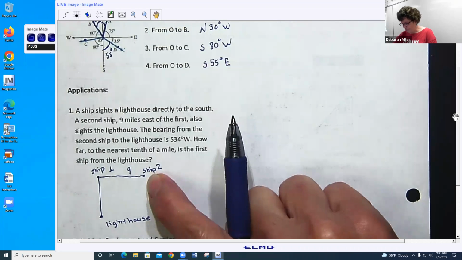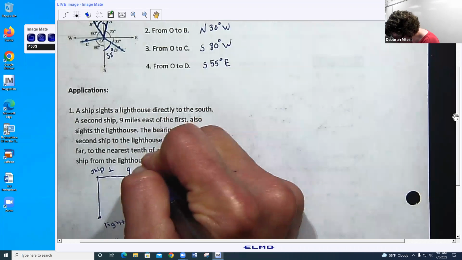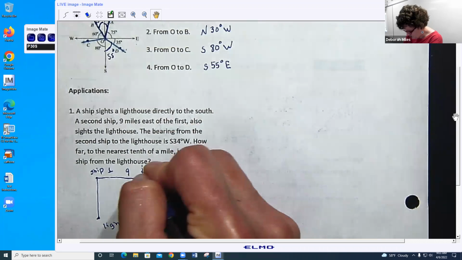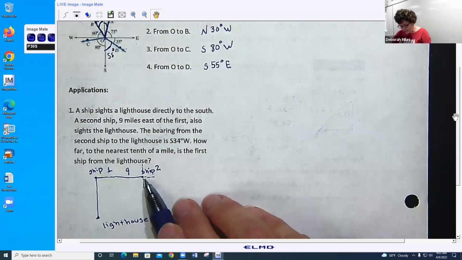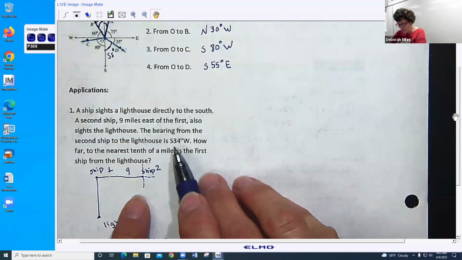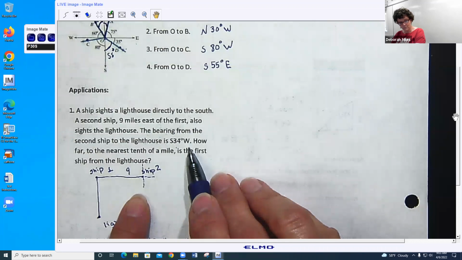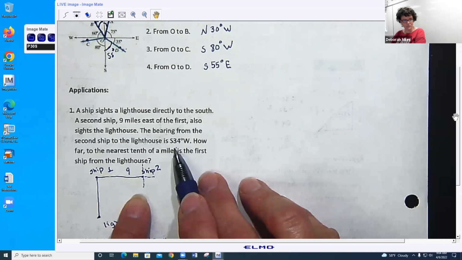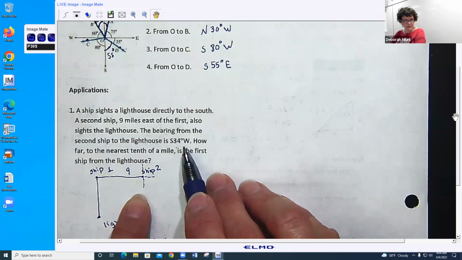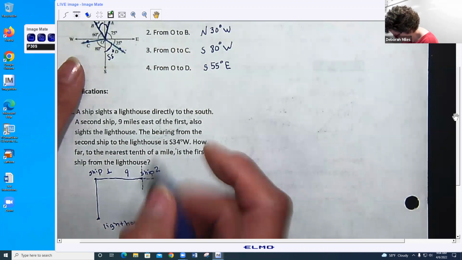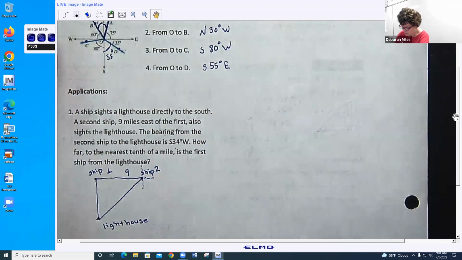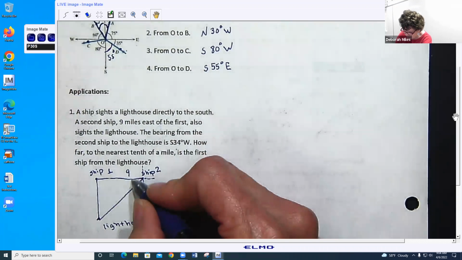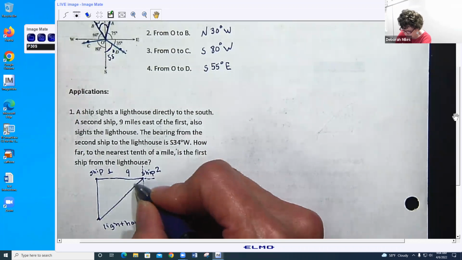Wherever your bearing is from, imagine a north-south line. And then, starting here, draw a line that is 34 degrees west. Does that mean left or right? Left of the south line that you just drew. 34 degrees west of south. Does that mean this interior angle is 34 degrees or this exterior angle is 34 degrees?